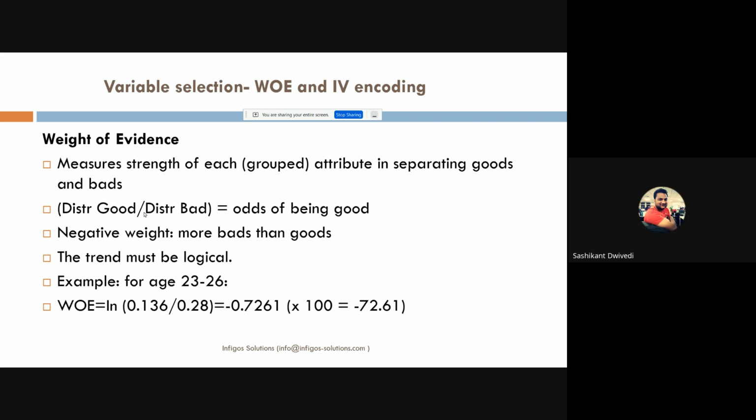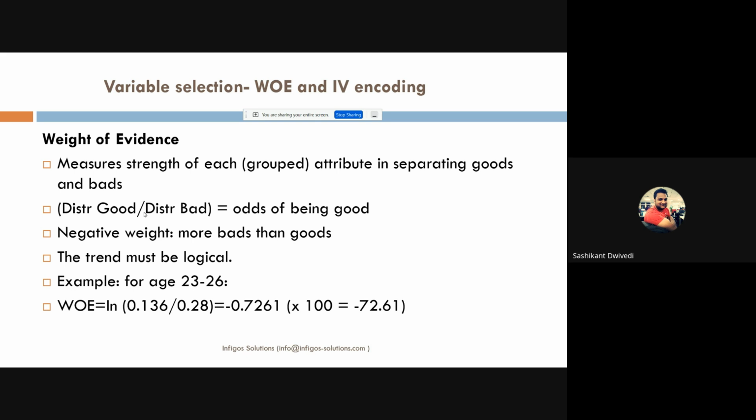So in the model, let's suppose x1, x2, whatever variables we use in the final equation, x1 would be the WOE we get for the age variable for that particular group.